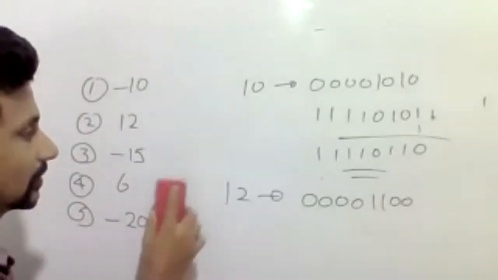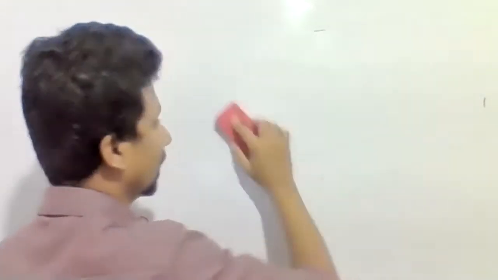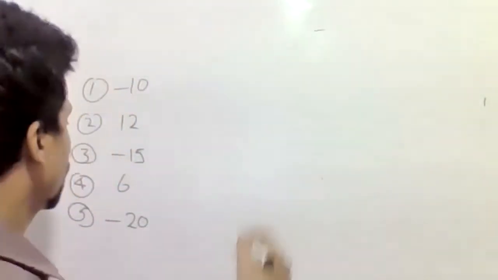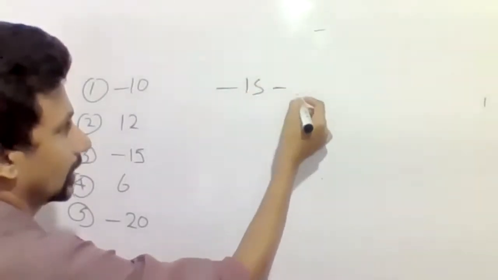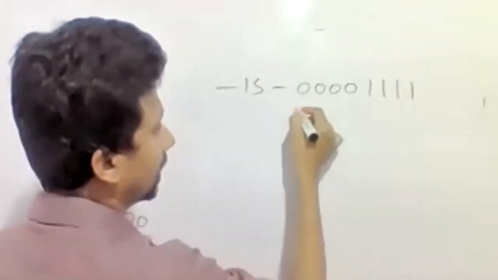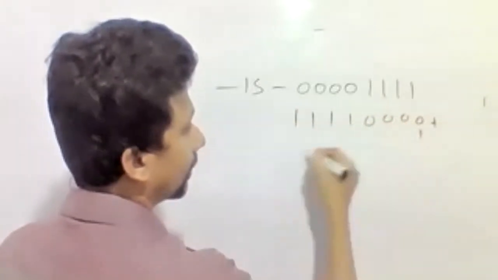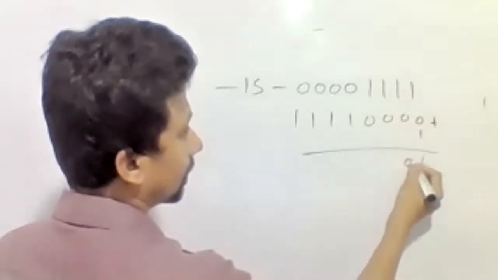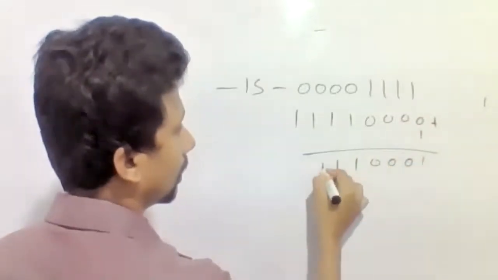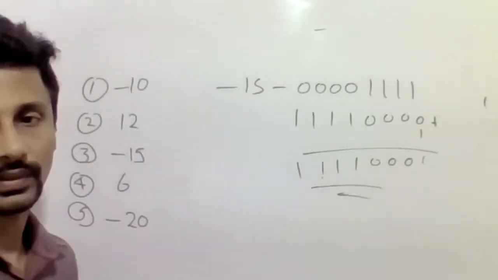Then next one, minus 15. Here, first you find out the positive 15, then invert the bits, then add 1. This is your answer.